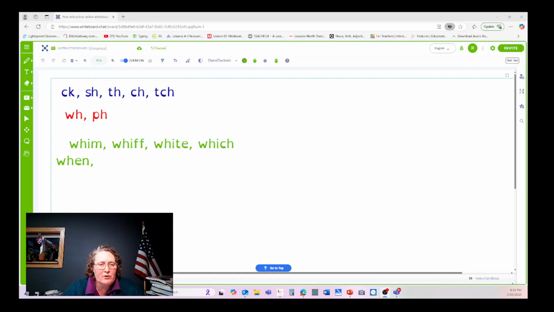Remember, a consonant digraph is when two letters, two consonants, come together to form one sound. Okay, so we're going to learn and add consonant digraph WH and consonant digraph PH to our list of learning.